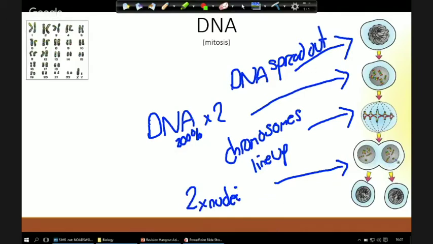Each arm of the chromosome, which was a duplicate of the other, has found its way into one nucleus. And so these two are identical in their DNA. And eventually the process is complete when we get a cytoplasm dividing to leave us two identical cells.